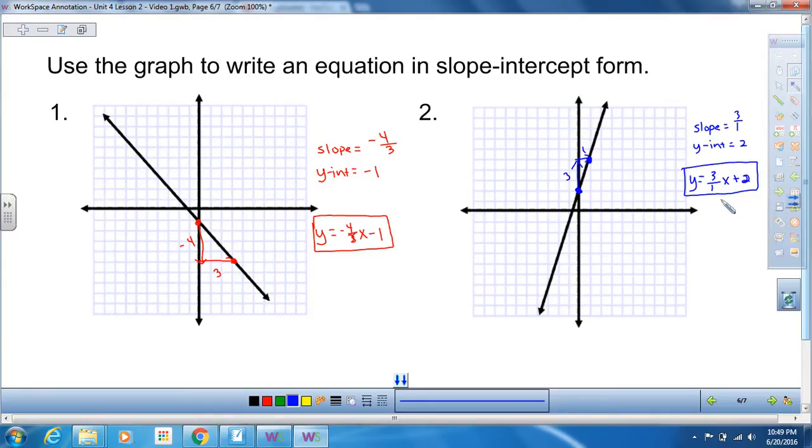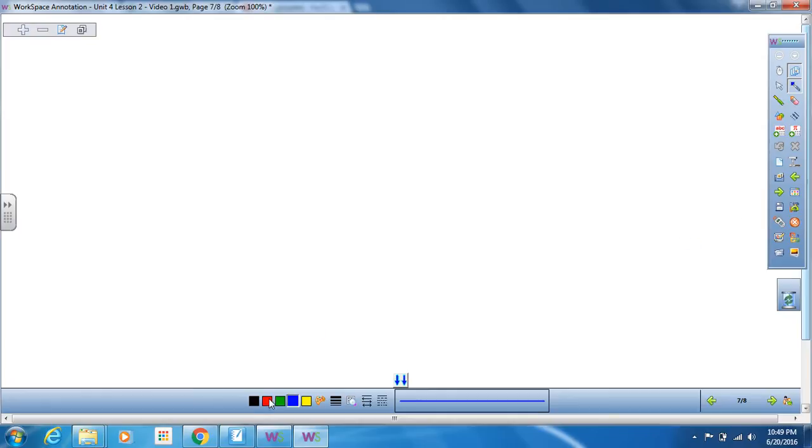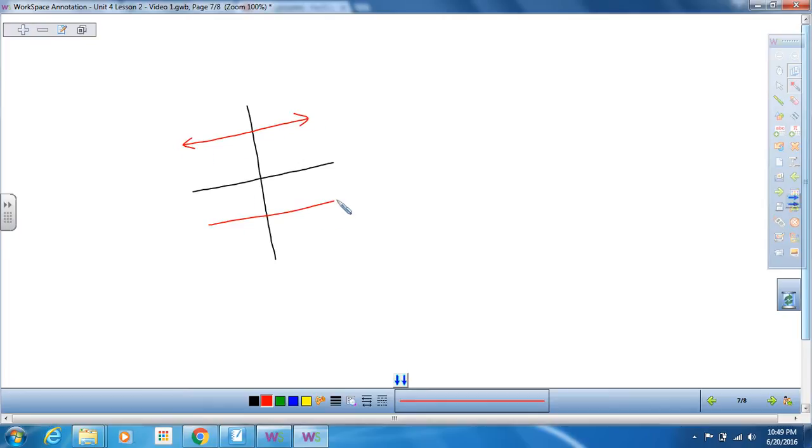Okay. Something else I want to note real quickly. Alright, so horizontal and vertical lines. Horizontal lines go through the y-axis, so they have the equation y equals. So that would be like y equals 4. That's horizontal.